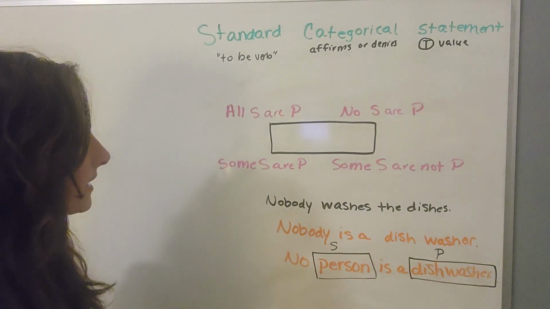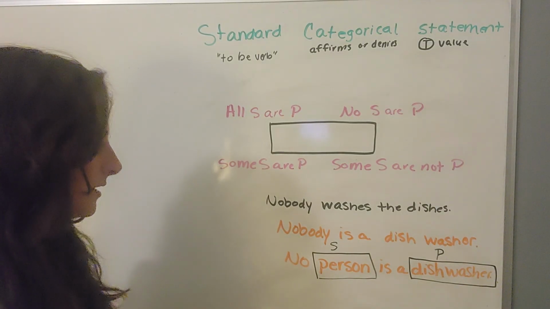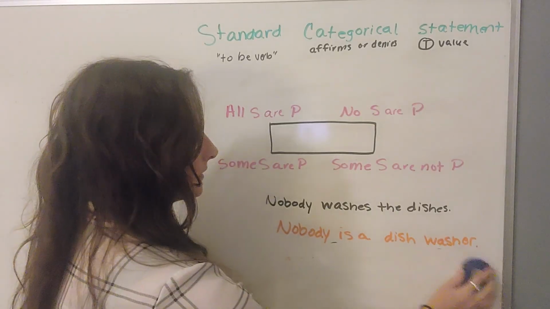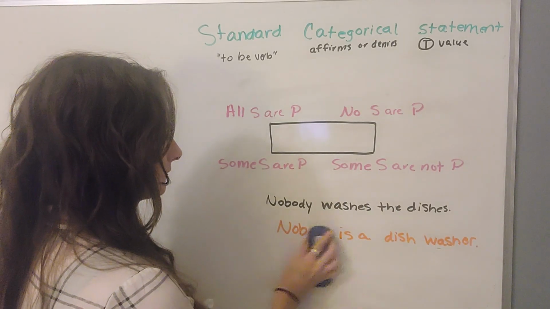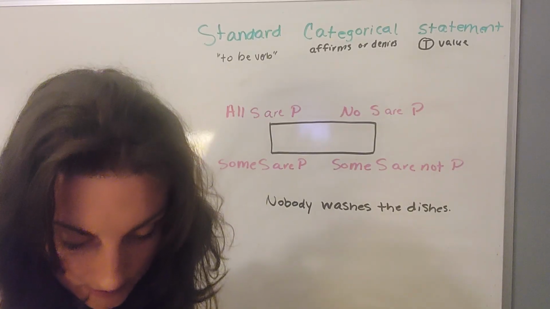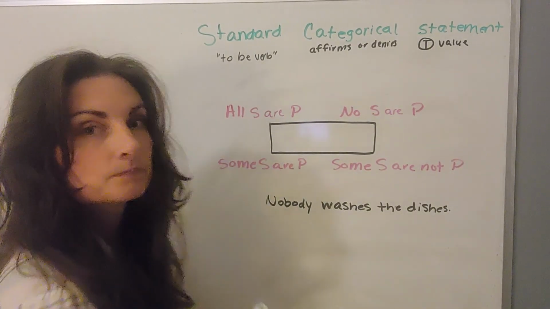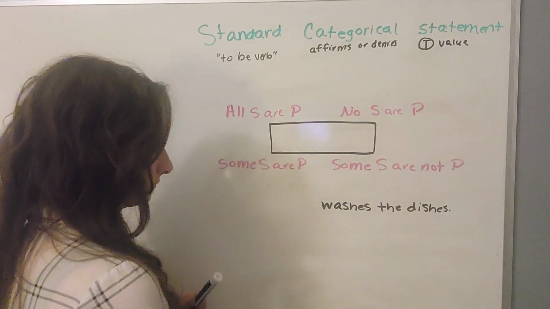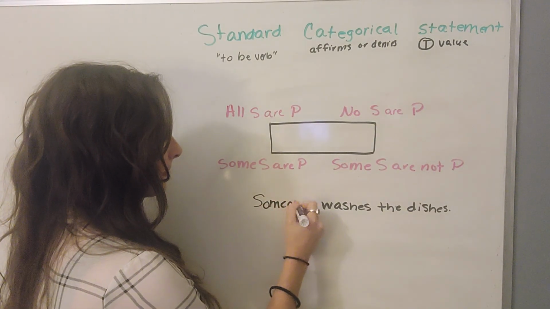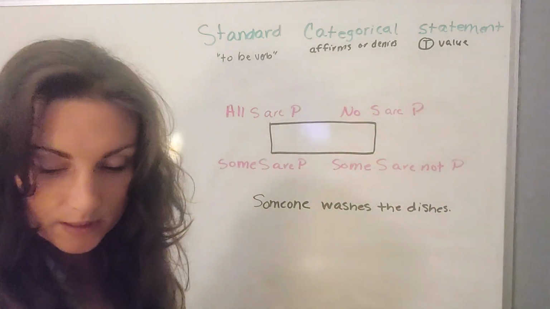Now, let's say that instead of nobody washes the dishes, it says someone. Someone washes the dishes. We're going to do the same thing here.